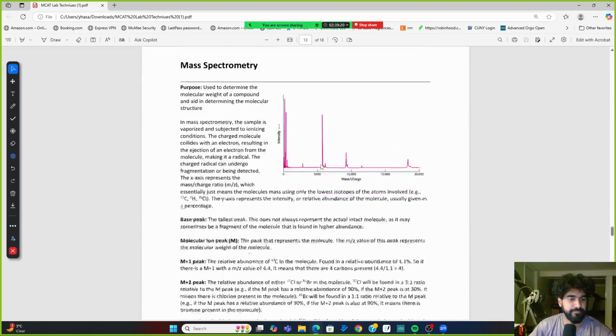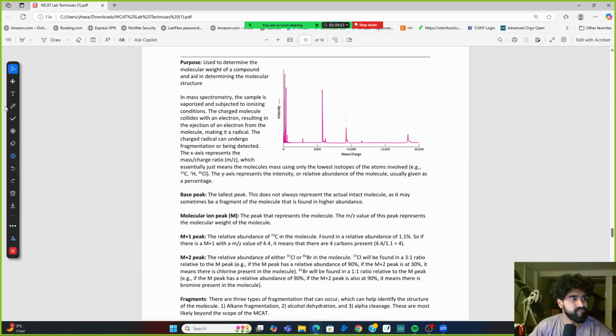Mass spec. There's only one thing that I can teach you about mass spec, and it's this right here. M+1. That's it.